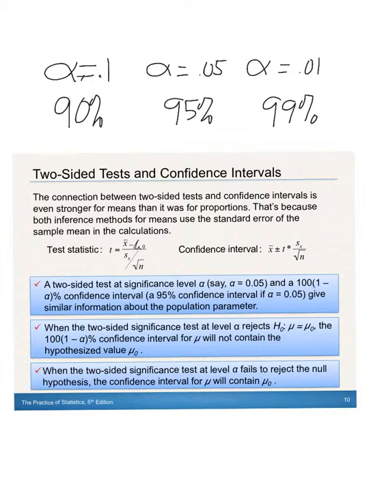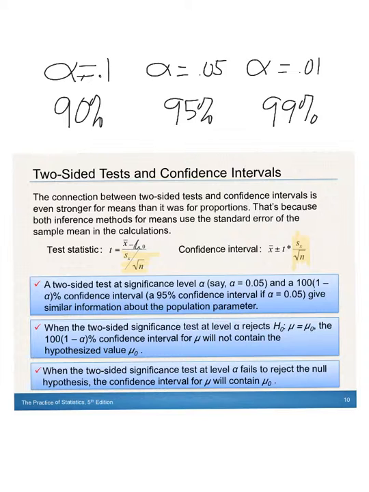So the connection between two-sided tests and confidence intervals is even stronger for means than it is for proportions, because of this part of the two formulas. You have that standard error of the mean as part of both formulas.